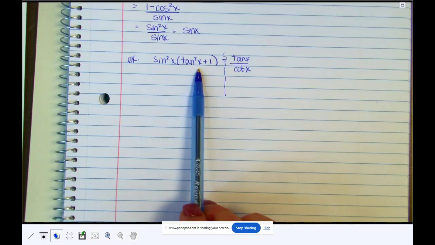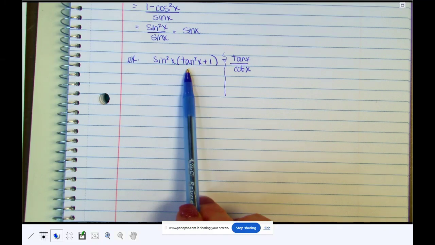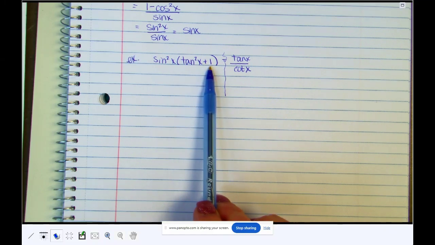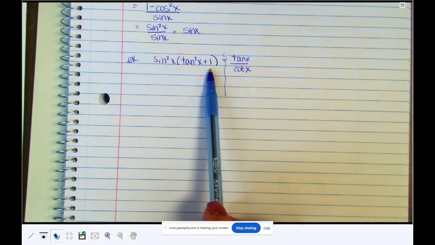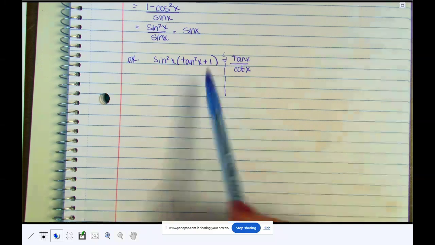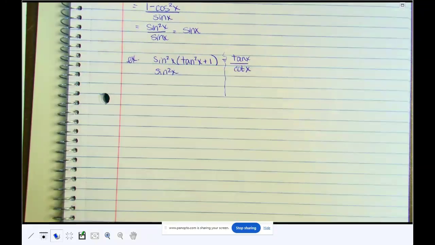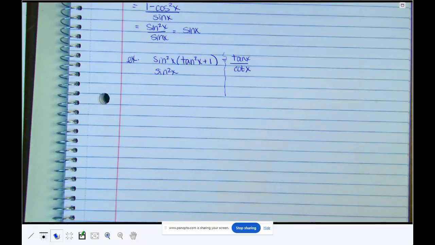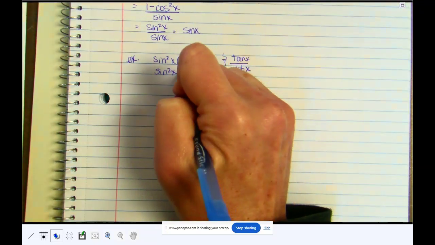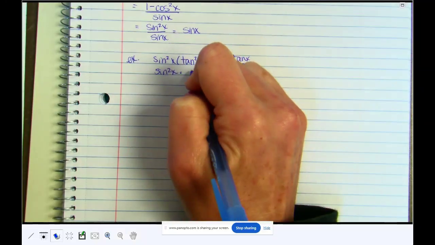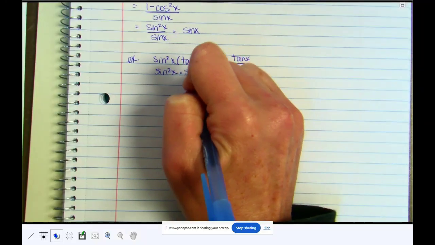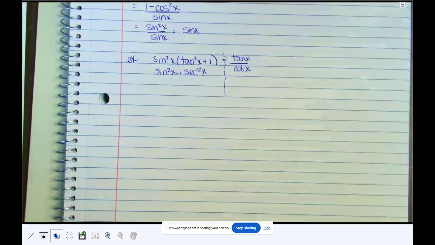The thing I would do here is, this is a dog. What's tangent squared plus 1? Yeah, secant squared. You could distribute this if you want, but I am not going to. So it's sine squared times secant squared.